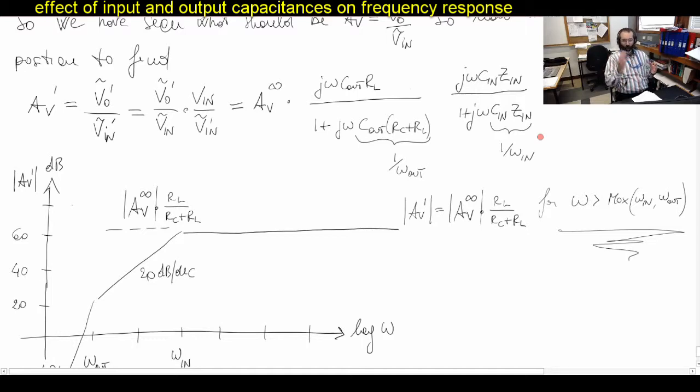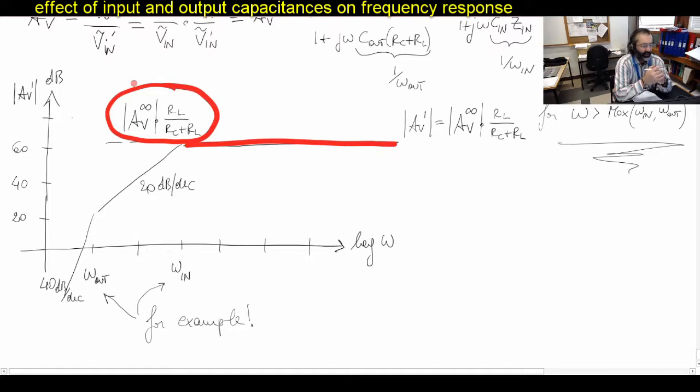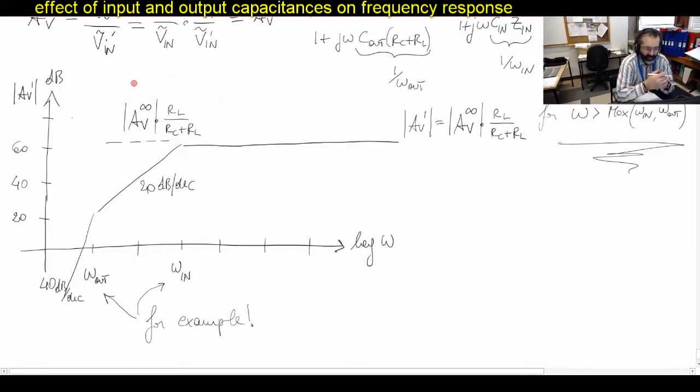We need to make sure that omega is bigger than the maximum of these two frequencies. And so we should expect that above these two frequencies, the voltage amplification is what we've seen today, for example for the circuit, which is AV infinite times RL over RC plus RL.